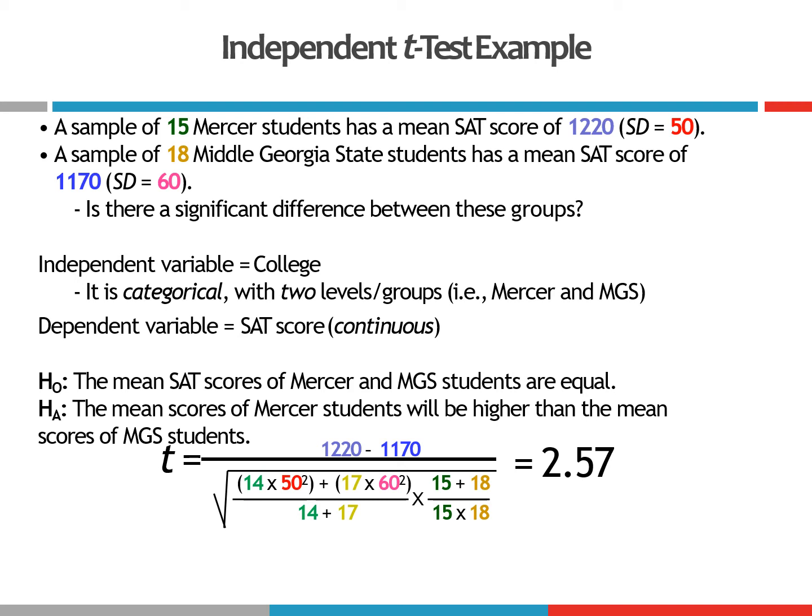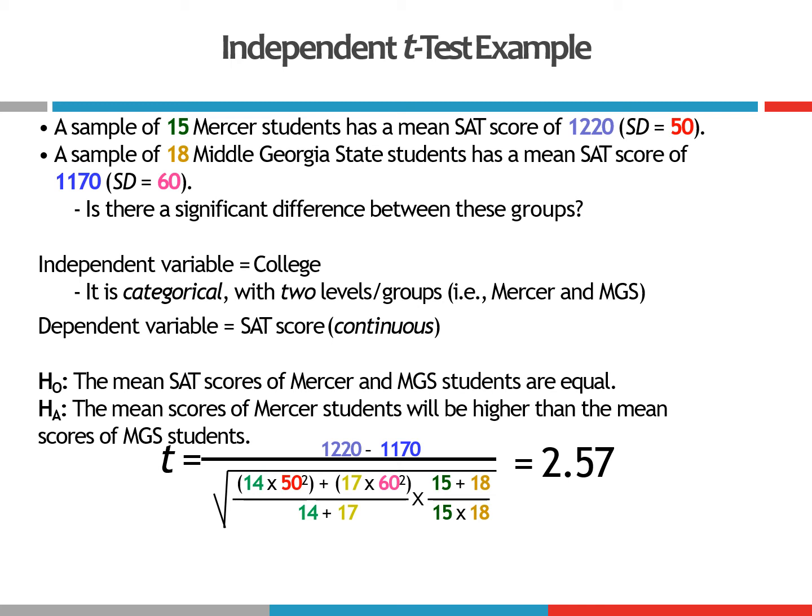And then we would square the standard deviation for group 1. The standard deviation for Mercer students is 50. And then in the second parentheses, I would have 17 for my sample size, because now we're talking about the sample of MGS students, and we had 18 of those. So 18 minus 1 is 17. And then we would take the standard deviation for group 2 and square it.